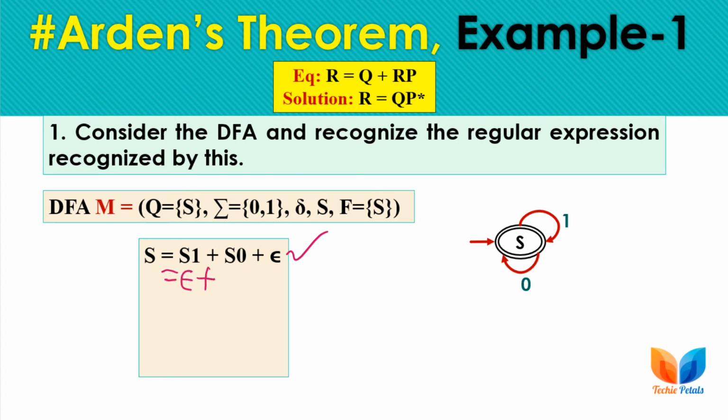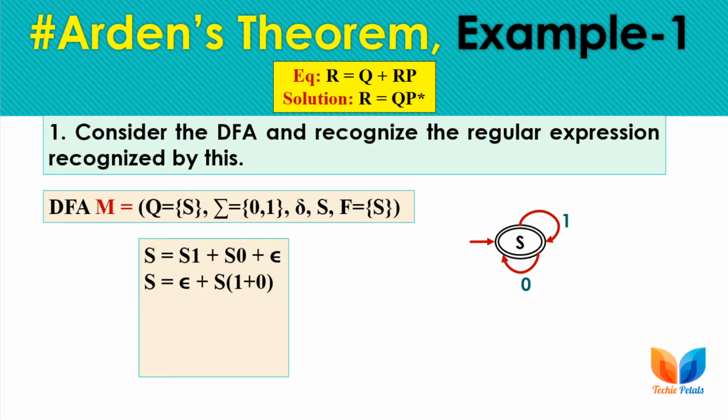Let's take S as the common expression from the first and second expression, so we will get 1 plus 0. We can write it in any order. We have addition only, so null plus S, S is common, so S(1 plus 0). This is the expression we get after taking the common expression.